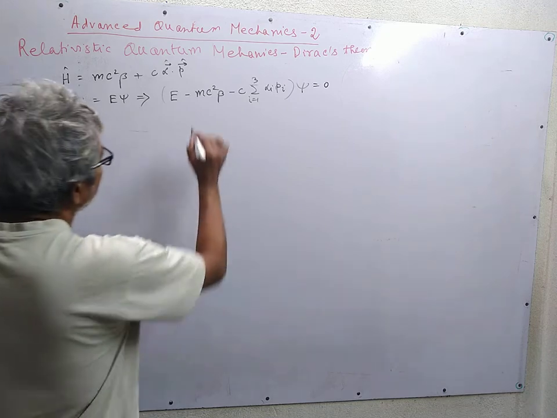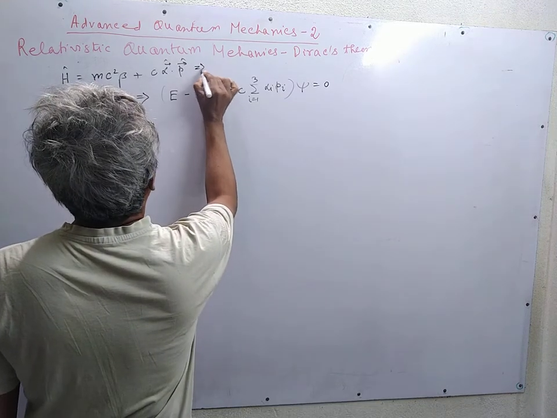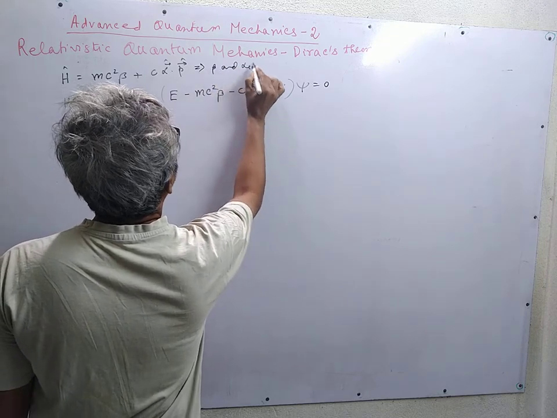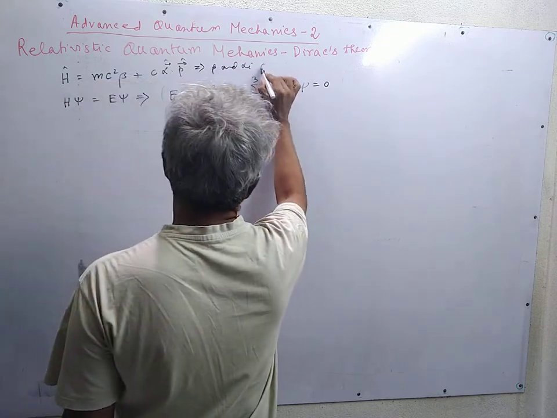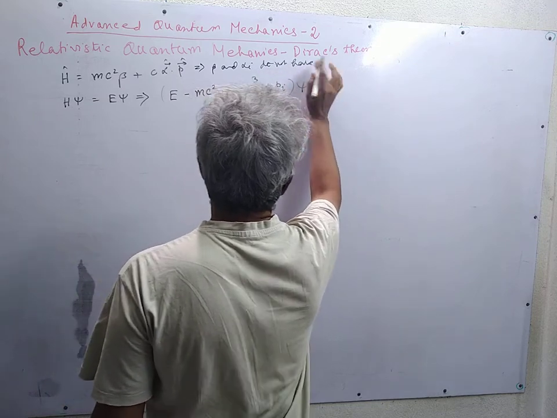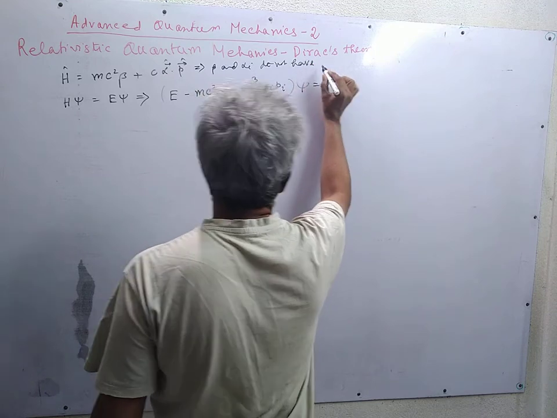So we conclude that beta and alpha i do not have any space-time dependence.